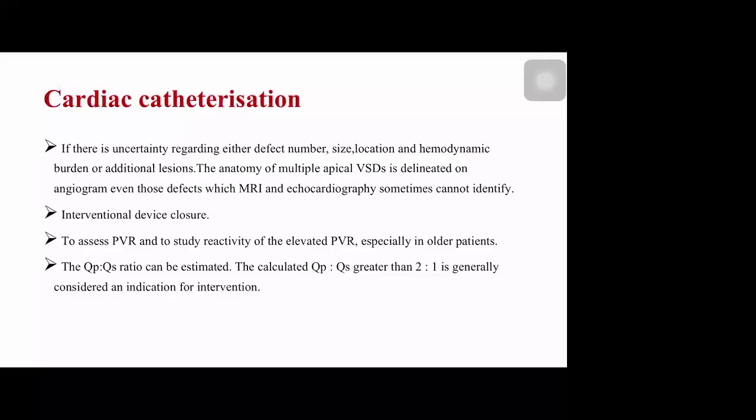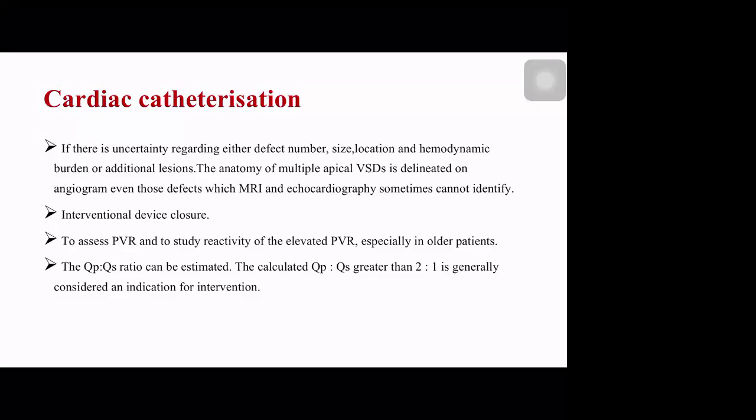Second indication is when we are doing interventional device closure, and sometimes in case of older patients, we need to know about the PA pressure, the value of the PVR, and the reactivity, the reversibility of the elevated PVR.